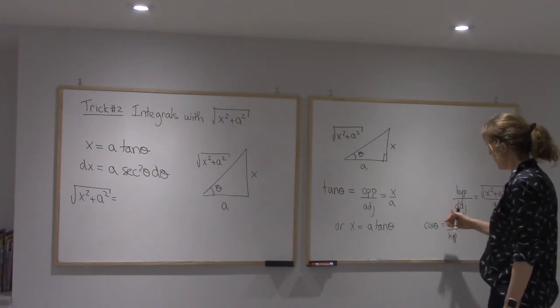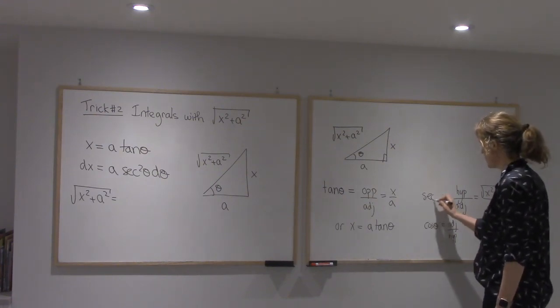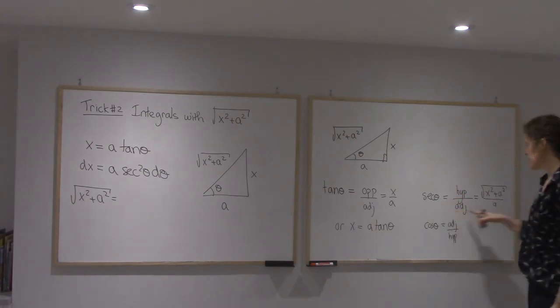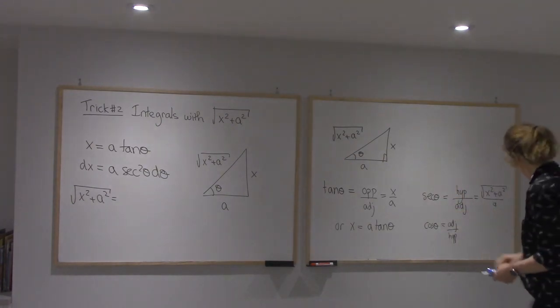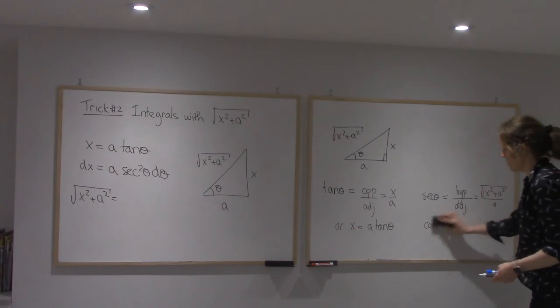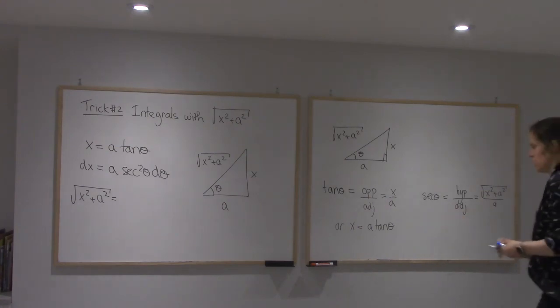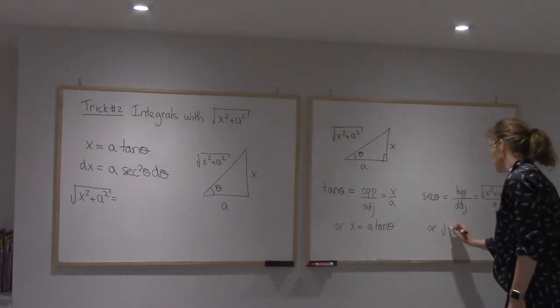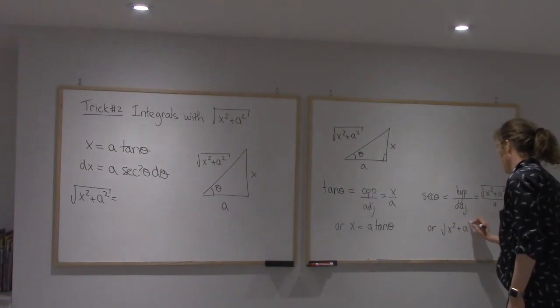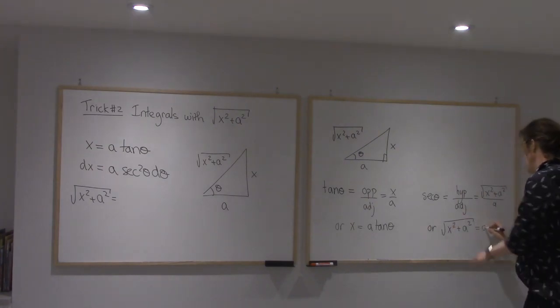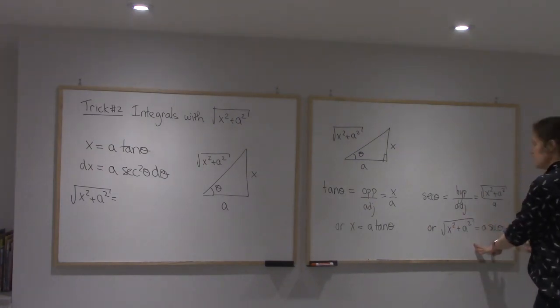If I want to flip it, I have 1 over cosine, that's secant. So secant theta would be equal to this. And so my square root is a secant theta.